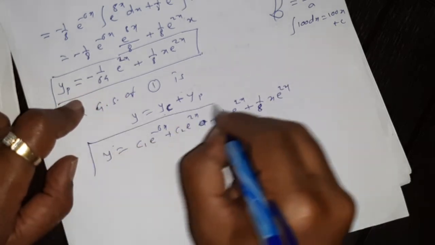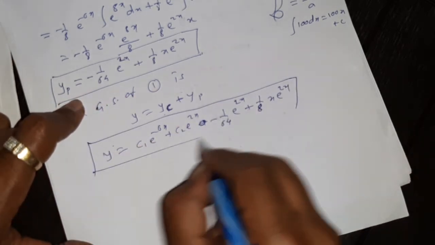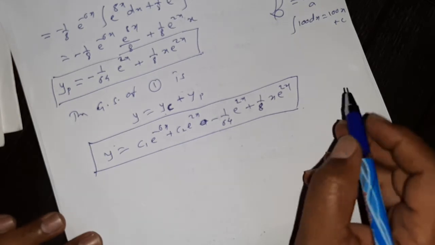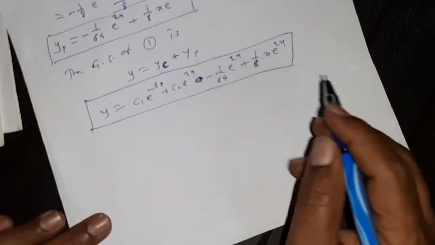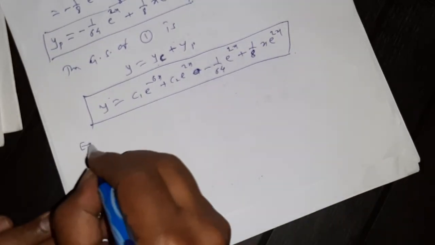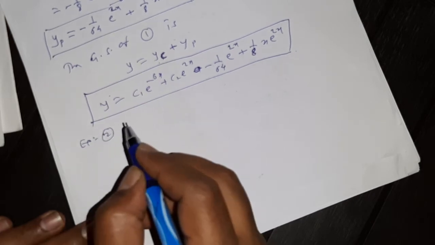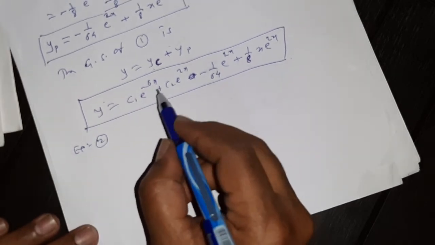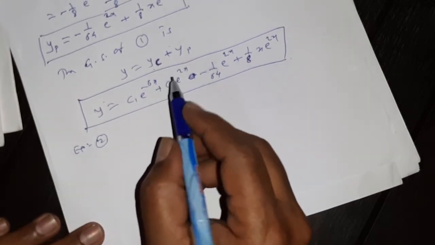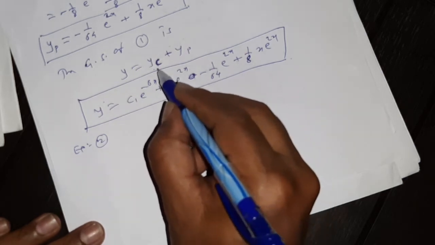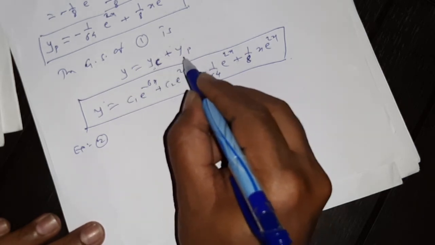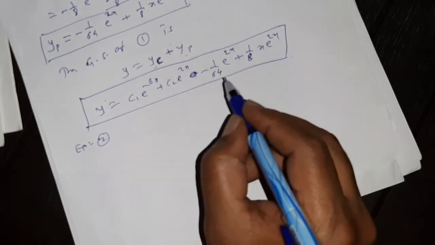This is the general solution of equation number 1, the non-homogeneous differential equation. That is, in order to find the general solution of a non-homogeneous differential equation, find the complementary function and the particular integral.